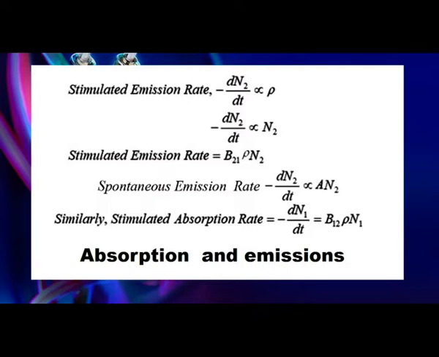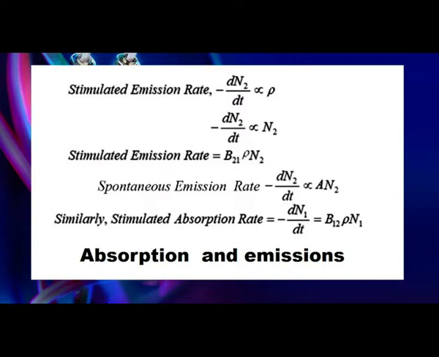In a similar fashion, you can write down another equation which is called the stimulated absorption rate. This is minus dN1 by dt, because the absorption takes place from a lower energy level N1 to the higher energy level N2.